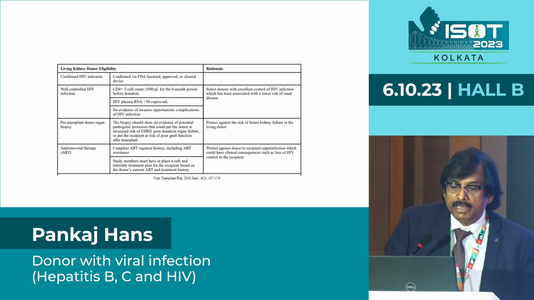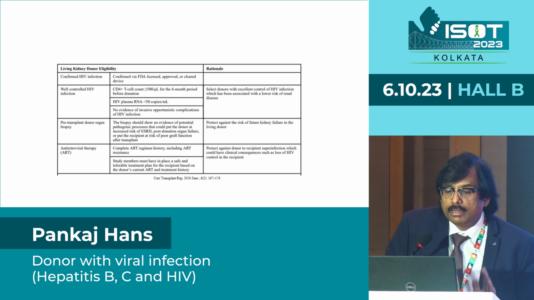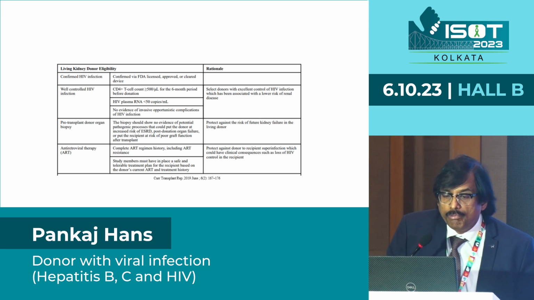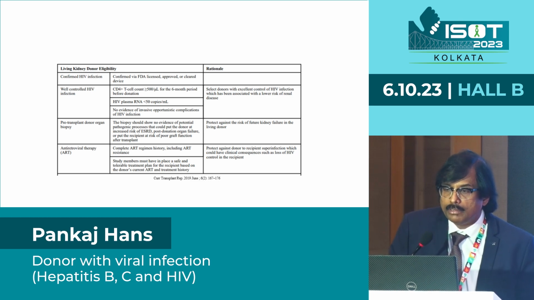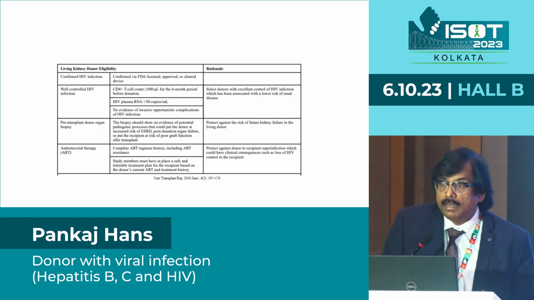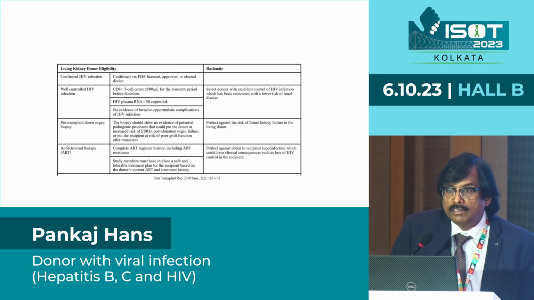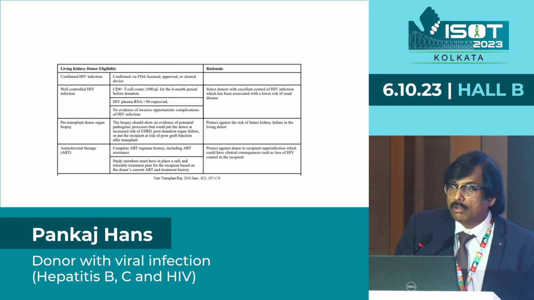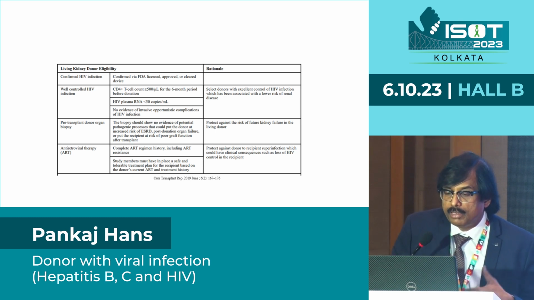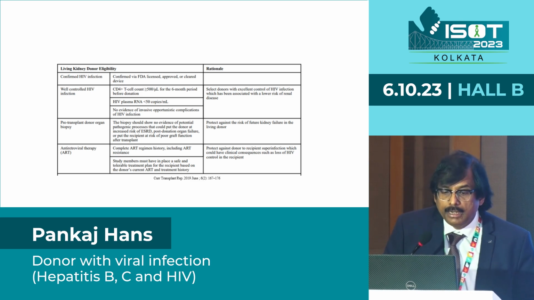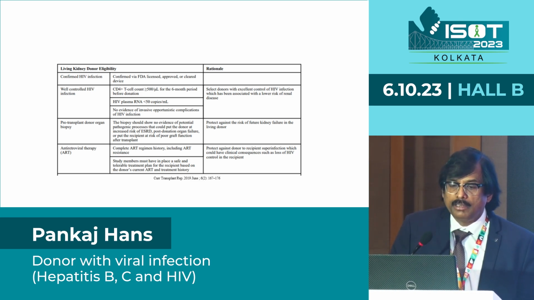So if there is an eligible living kidney donor, the criteria for donation is he should have a confirmed HIV infection, well-controlled HIV infection in the form of CD4 count more than 500 for more than 6 months before donation, HIV plasma RNA less than 50, and no evidence of invasive opportunistic complication. Pre-transplant donor organ biopsy should rule out any further increase in the chance of ESRD, and you should have a detailed antiretroviral history of these patients.